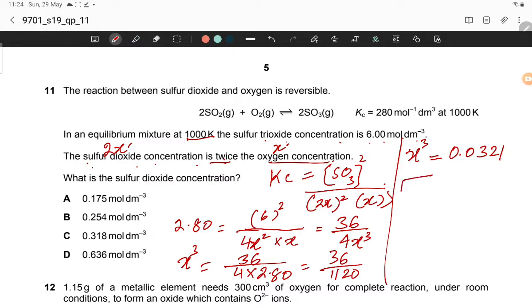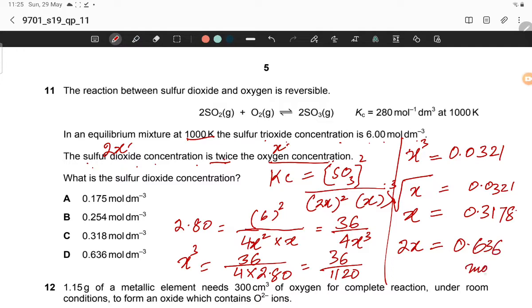By taking the cube root of 0.0321, x is equal to 0.3178, which is why 2x is equal to 0.636 mole dm cube inverse cube. So D option must be correct.